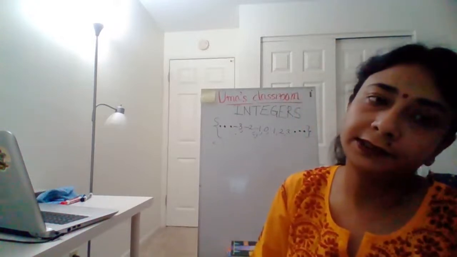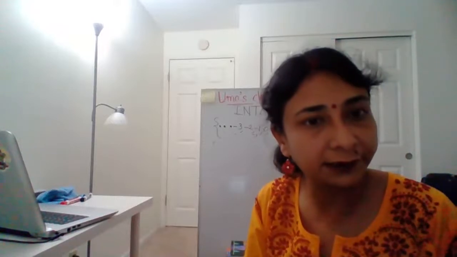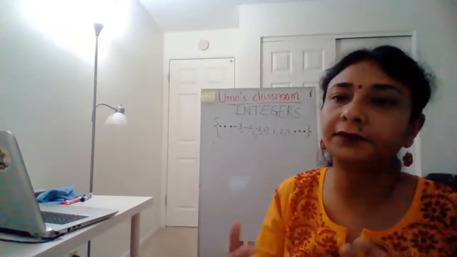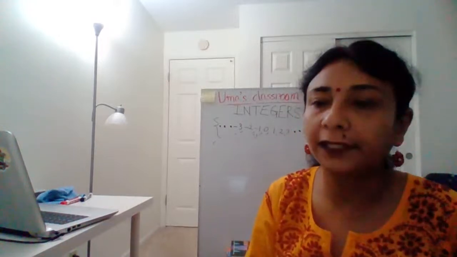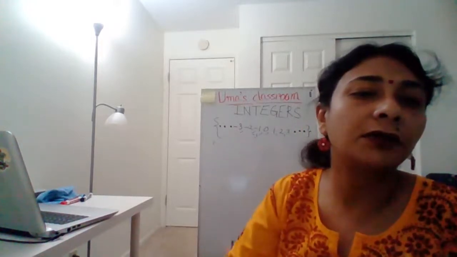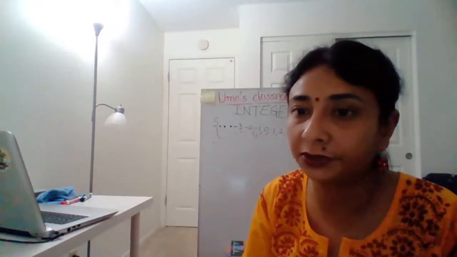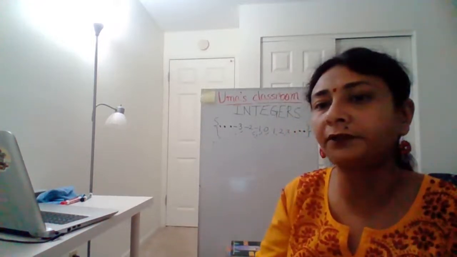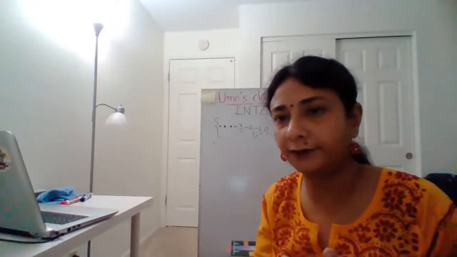So for integers, if you add two integers, you will be getting another integer. If you subtract, definitely you will be getting another integer. Whenever you multiply, though till now we did not take any example of multiplication or division, but I will come to the point. We can do a few examples together, of course.